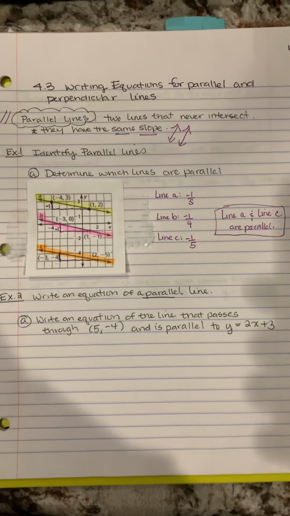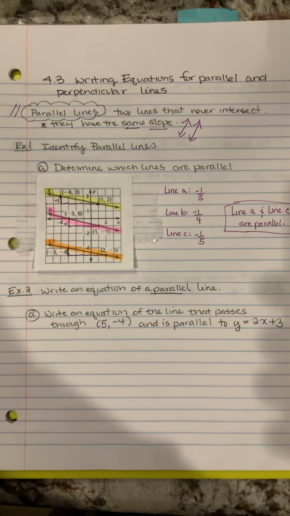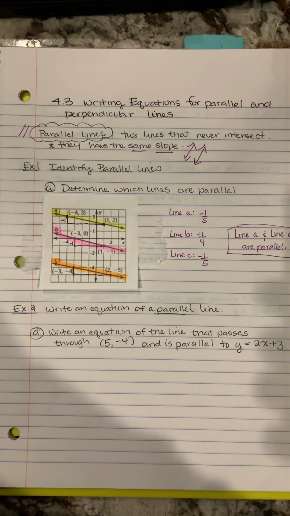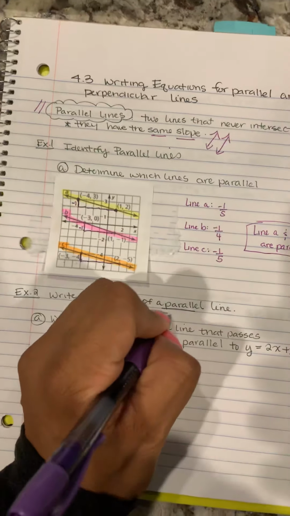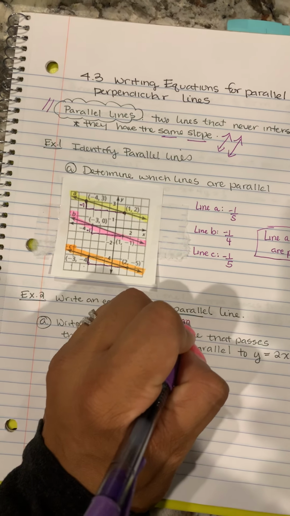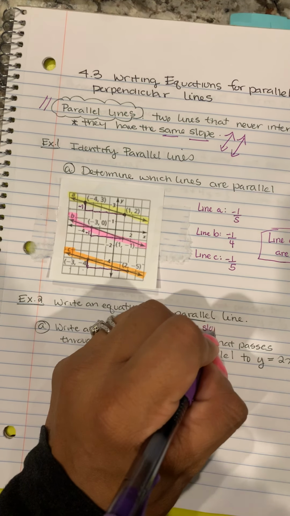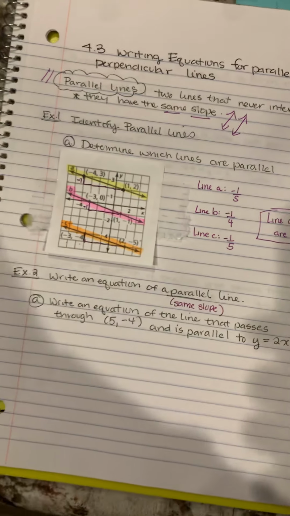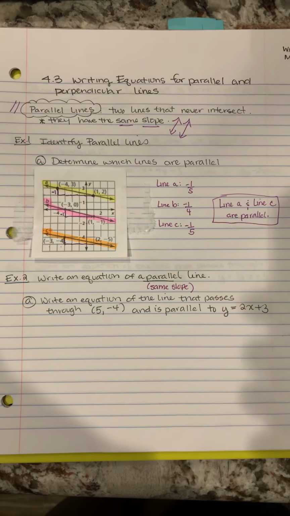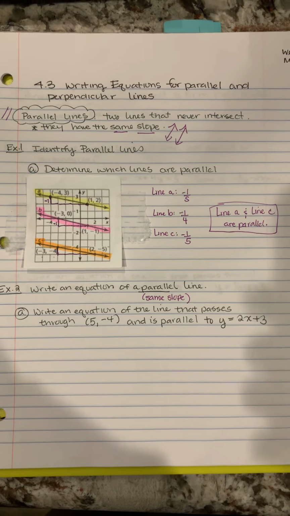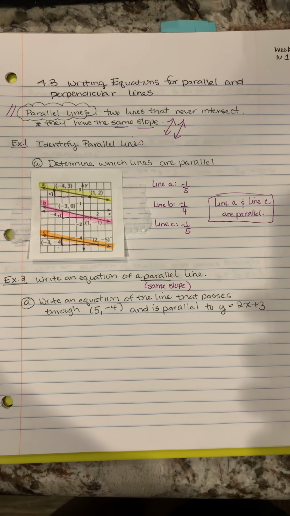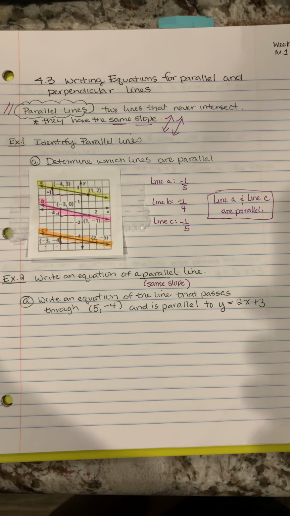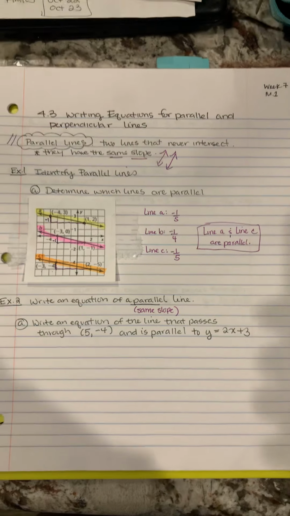Okay, example 2 is going to ask you to write an equation of a parallel line. Remember, parallel means that they have the same slope. This is: write an equation of the line that passes through 5 and negative 4 and is parallel to y equals 2x plus 3.